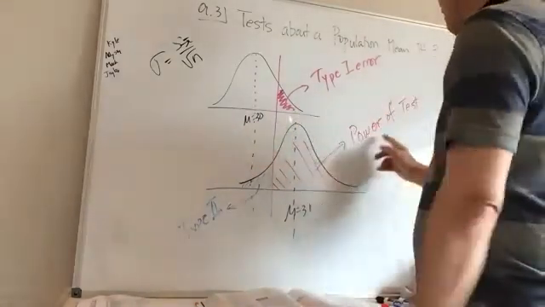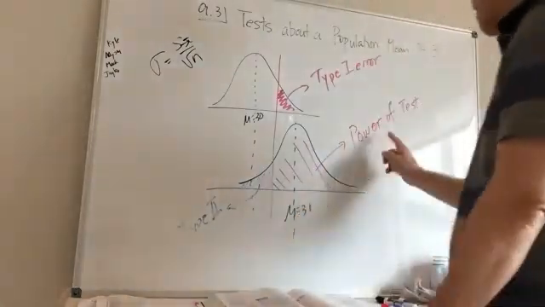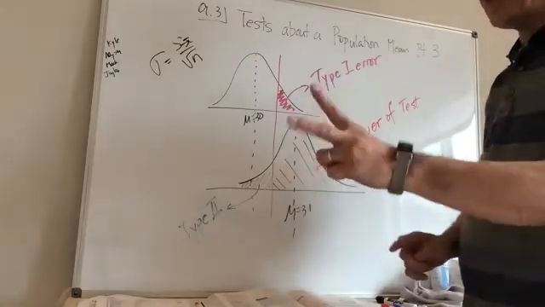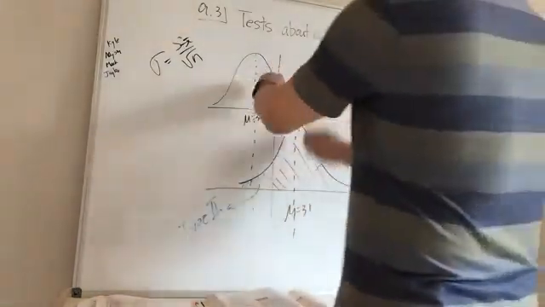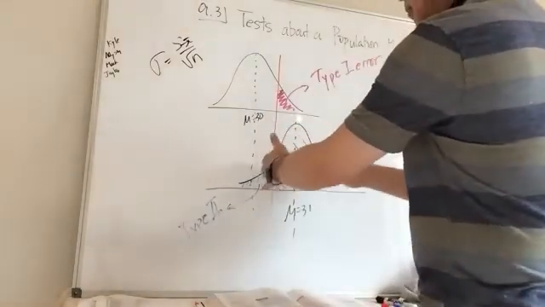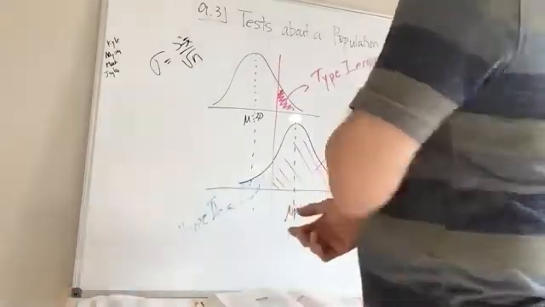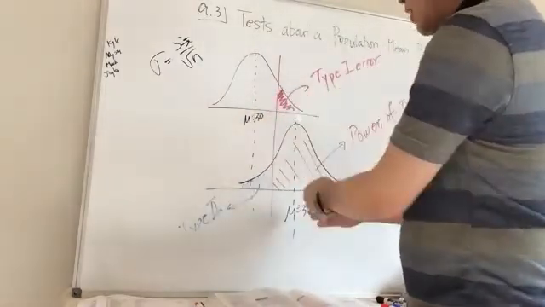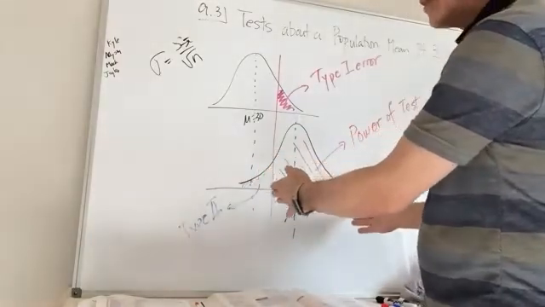So since the type 2 error becomes smaller, the power of your test became greater. We've talked about two different things here that can change the power of the test. The first thing is the 30 and the 31, this gap becoming larger, obviously makes the power of the test bigger. That means that if the difference between the truth, the H0 and the Ha become larger, it becomes easier to detect.